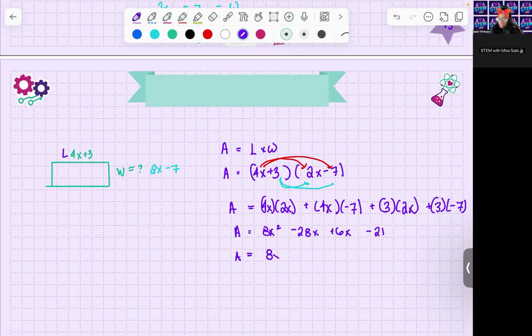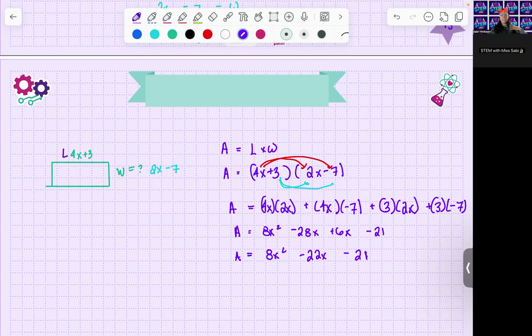Area is equal to 8x squared, negative 28x plus 6x. Is that negative 22? I think so. Yep, negative 22x. Okay. And then we have negative 21. So let's just make sure we have 8x squared, negative 28x plus 6x, and negative 7 times 3, negative 21.